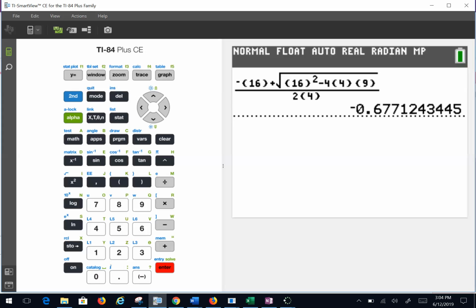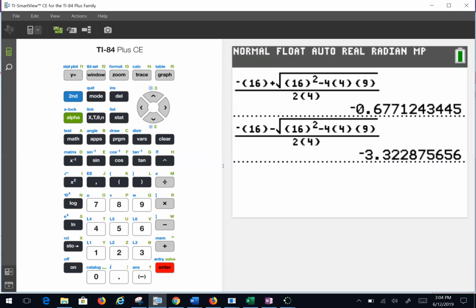How do I get my other one? When you go up and highlight this and just hit enter, you don't have to type the whole thing in again. And then I just hit over to the plus and change it to minus. And I get negative 3 point, I'm going to round to the nearest hundredth. So I'll do negative 0.68.